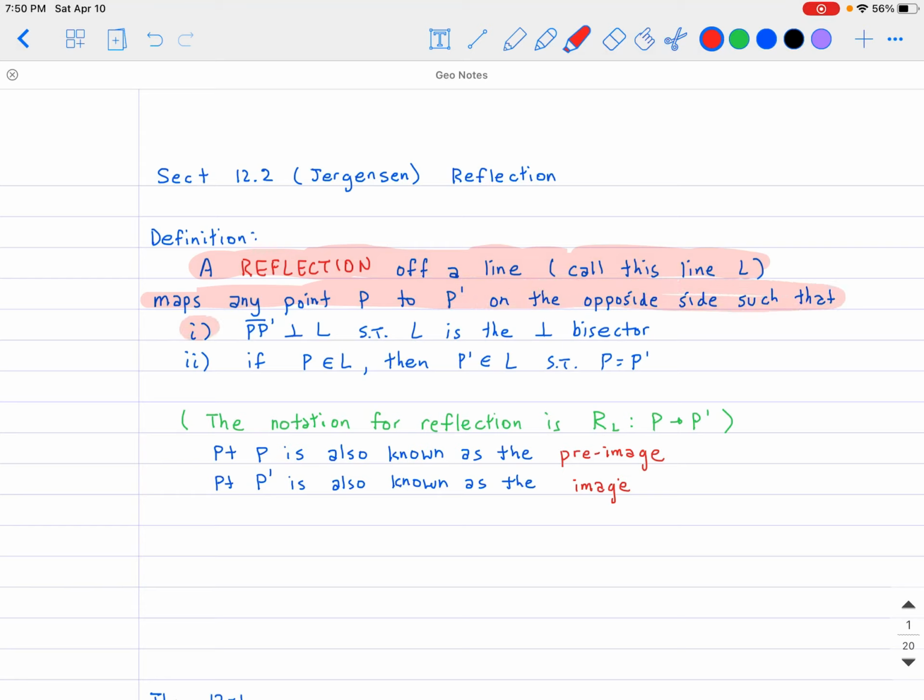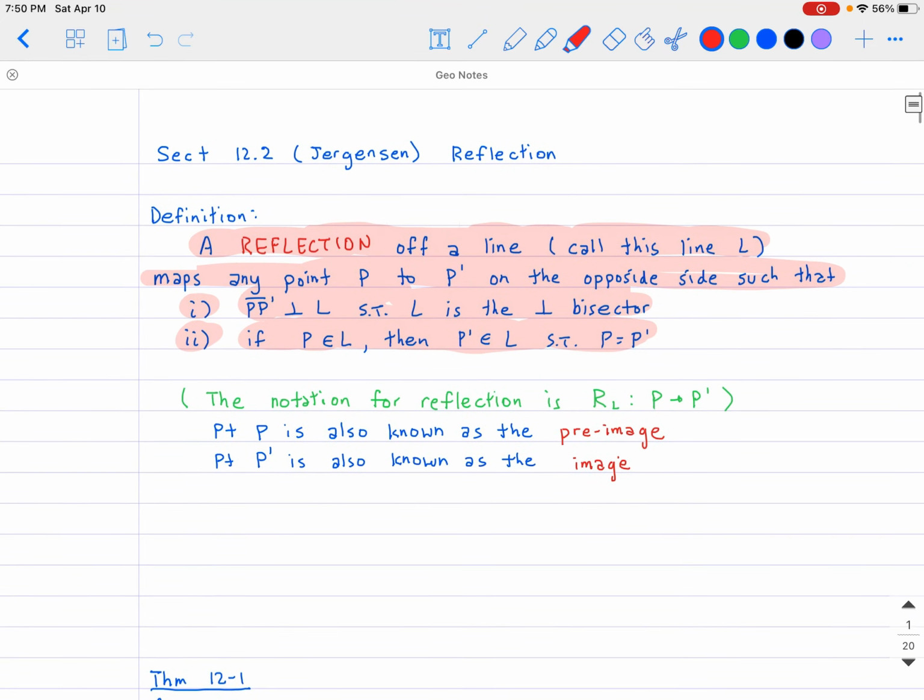The first condition is that the line segment P P prime is perpendicular to that line L of the reflection, such that it is also the perpendicular bisector. In addition to that, if point P is on line L, then P prime, the image, is going to be the same thing as the original point.